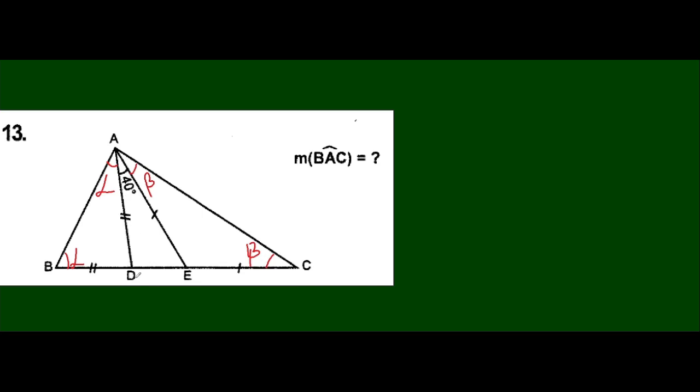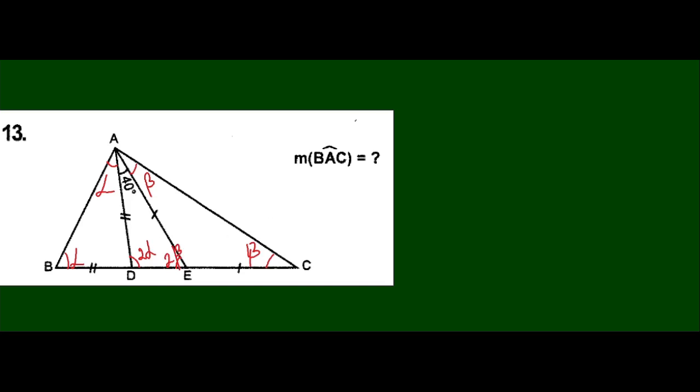So from here we know the angle ADE. ADE will be equal to 2 alpha, because we said in the first step that these angles will be equal to the exterior angle located on the other side. So this will also be 2 beta.